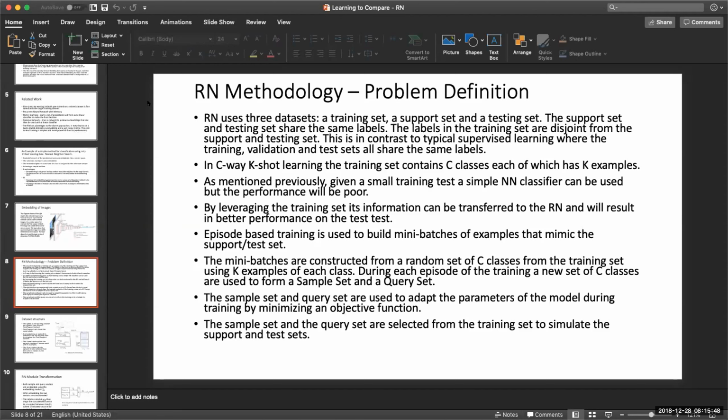Whereas the training set labels are disjoint from the support and testing set. This is in contrast to a typical supervised learning task, where the training and validation and test sets all share the same labels.